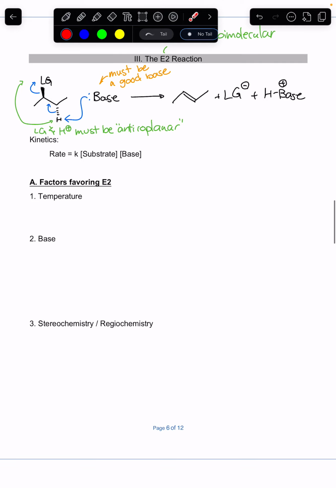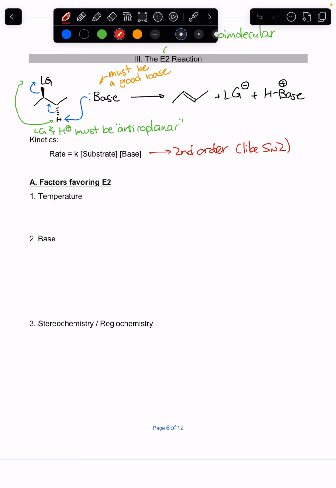But when you look at the kinetics, we would know experimentally that this has to be an E2 reaction, because the rate depends on both the substrate concentration as well as the base. So that's how we know in the rate determining step there's 2 things involved. This is second order. It's kind of like SN2 was a bimolecular reaction in the rate determining step, right?